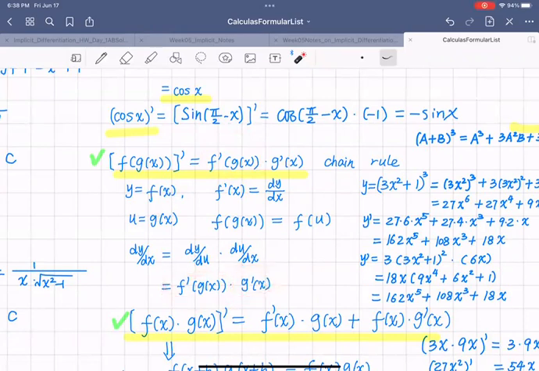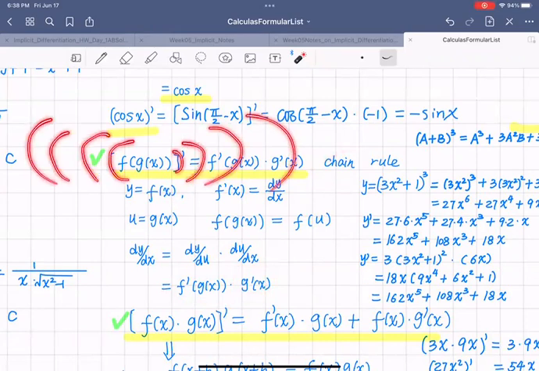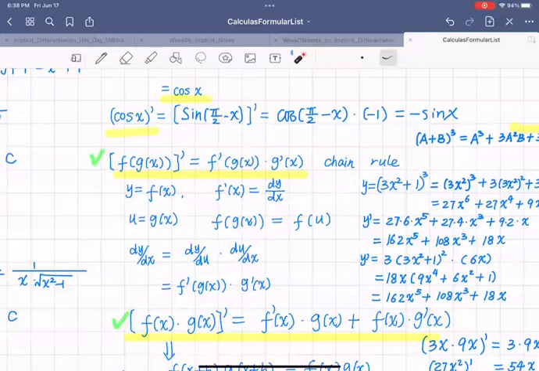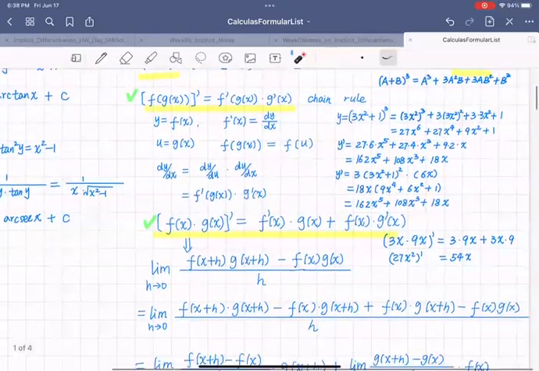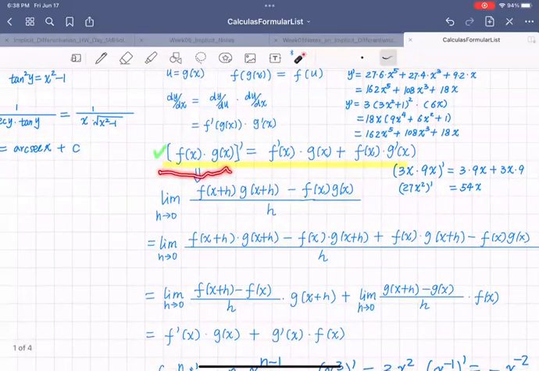That's why this chain rule is true. You say, can I do 3 layers? Yes, you can apply the chain rule to many, many layers. As a matter of fact, for Clemens, they always give you like 6 layers and students get frustrated, okay? Next rule is the product rule.